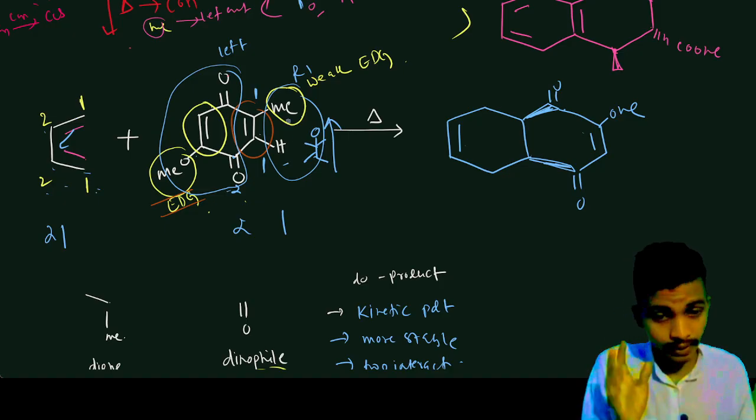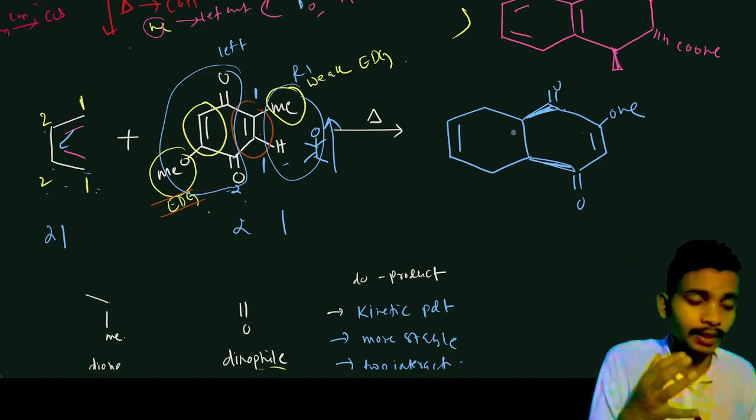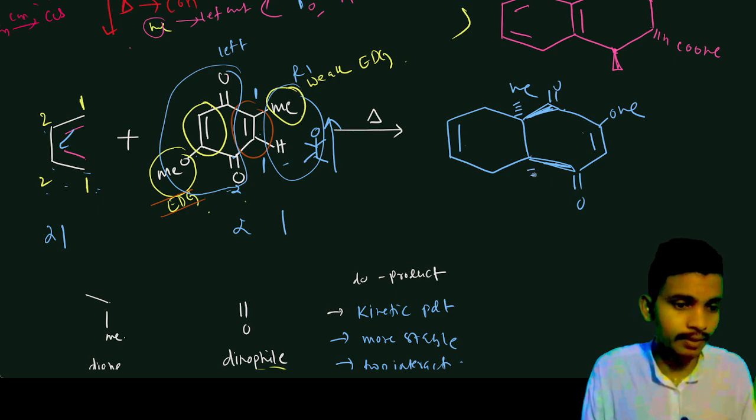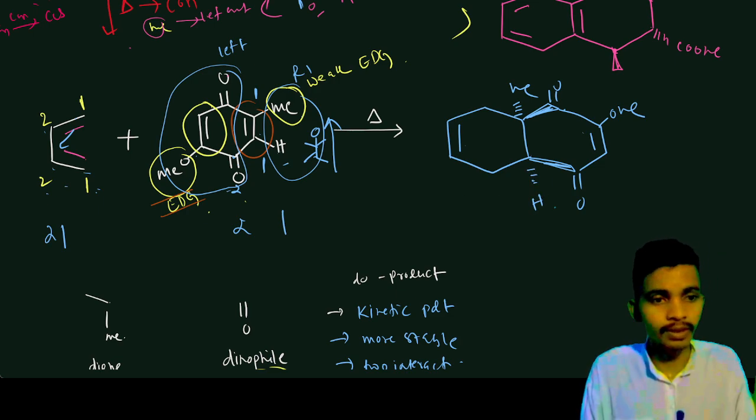Then this methyl is, so if we take one as wedge, then the other we have to take as dash. So this methyl and these hydrogens are on the dash. So this is the final answer for this question.